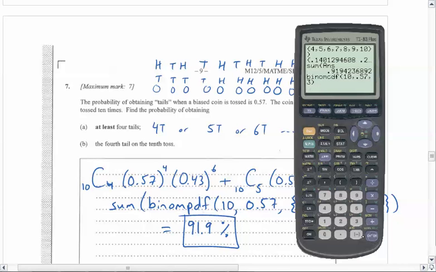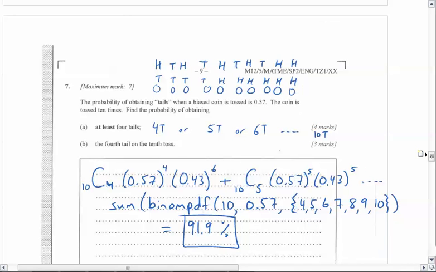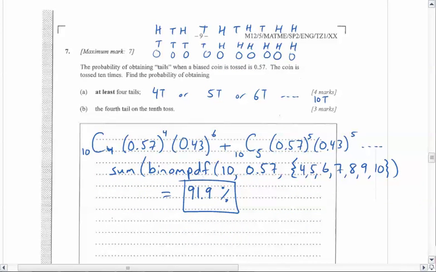That should give me the same answer. The opposite. So if I do 1 minus that answer, I get my 0.919. So the other way to do that is 1 minus at most 3 tails.